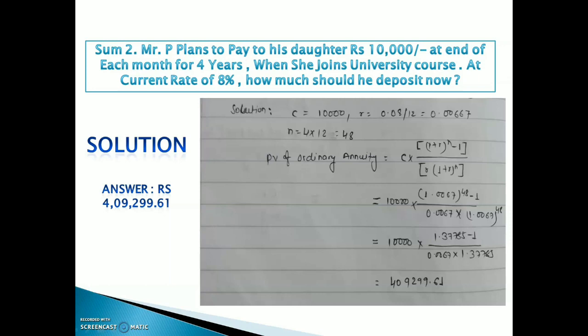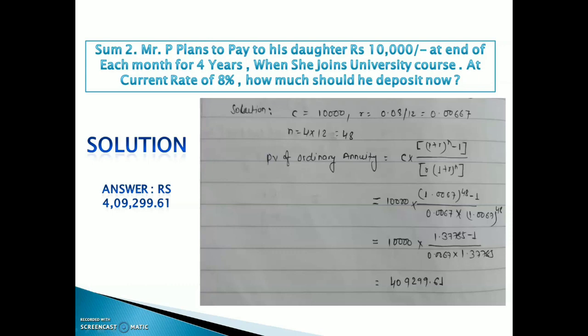Let us read out the problem again. Mr. P plans to pay his daughter rupees 10,000 at the end of each month. Here the words at the end of each month, we know, mean that when the cash flow is at the end of each month, that is called an ordinary annuity. So this problem can be solved by using the present value of ordinary annuity formula.